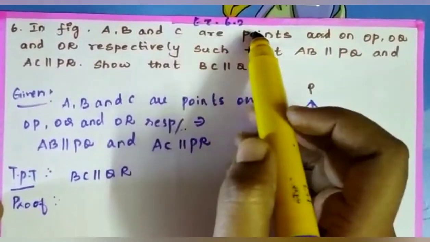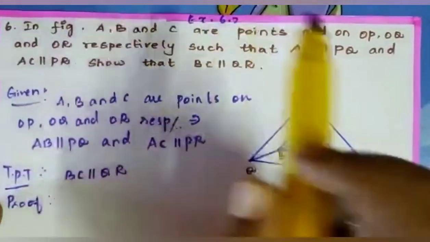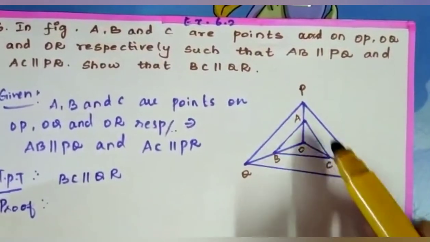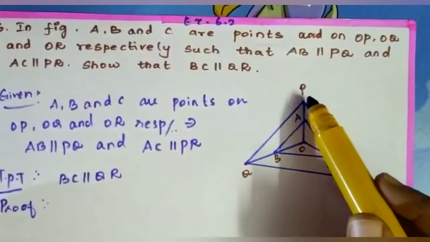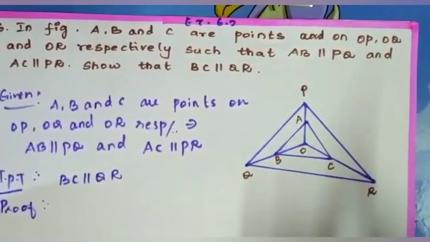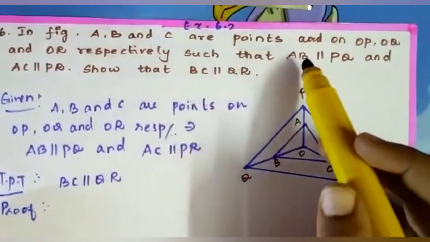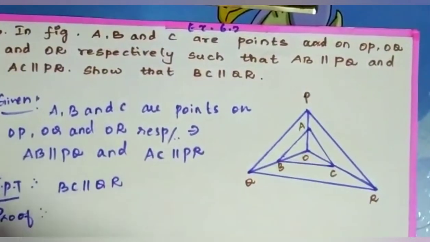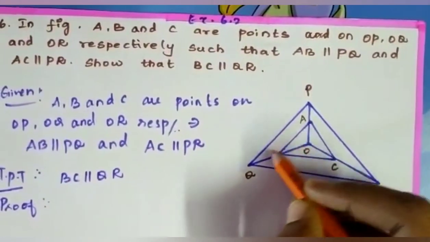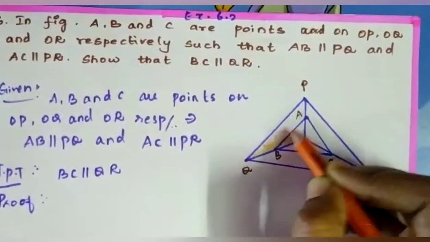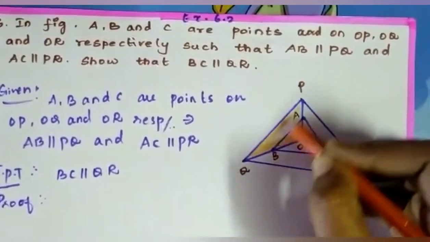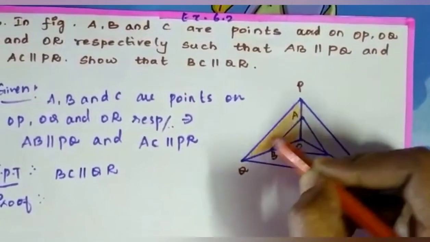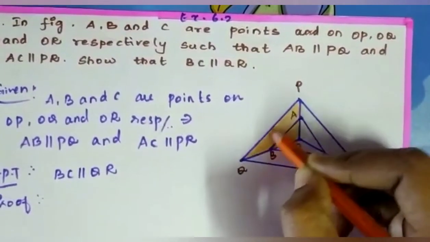We are going to see exercise 6.2, sixth problem. In this figure, A, B, C are points on OP, OQ, OR respectively, such that AB is parallel to PQ. AB parallel to PQ. So which triangle do we have to take first? POQ. This triangle. The identification of these triangles is very important.